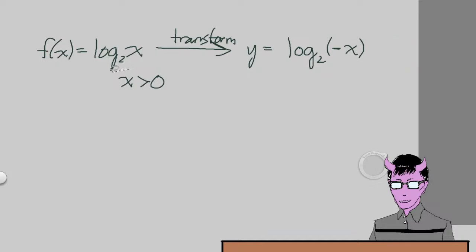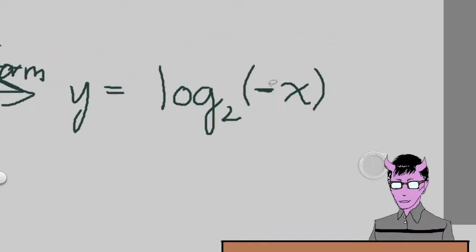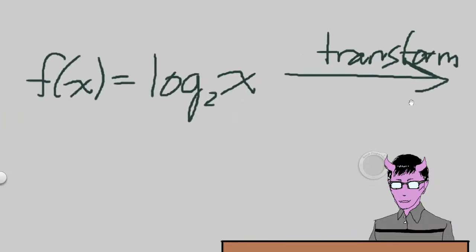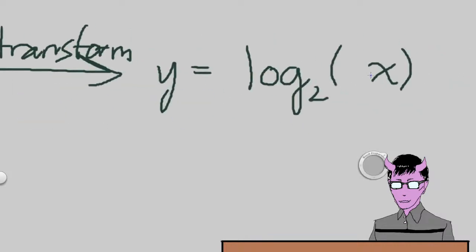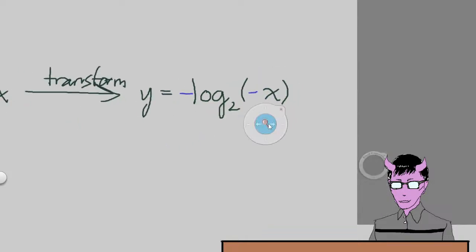And then comes the last situation, of course, when we have a combination of the two. So that's the parent function, this is positive and this is positive. But what if, for the parent function modified, the argument is negative and the result is negative?